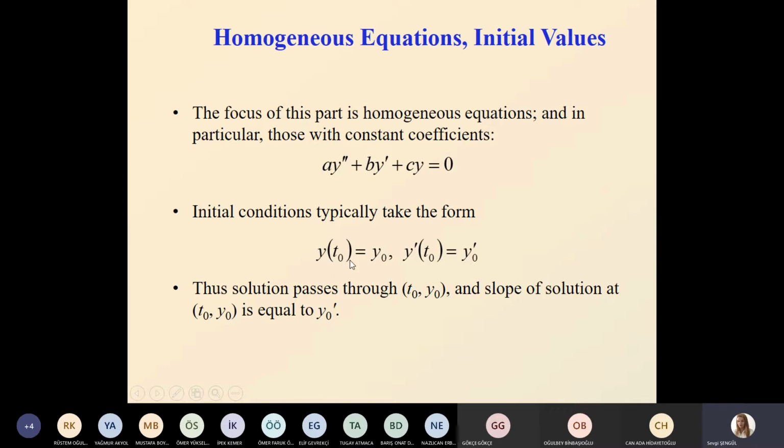And for them, we are going to be using the initial value of y and the initial value of the derivative of y. So there will be two initial conditions given. One of them is on y, one of them is going to be on the derivative. And our solution is going to pass through the point t0, y0, and the slope of the solution at t0 is y0 prime.